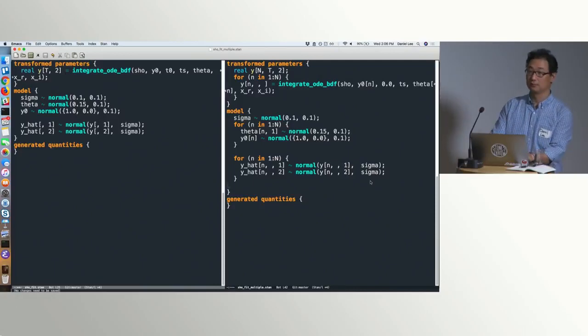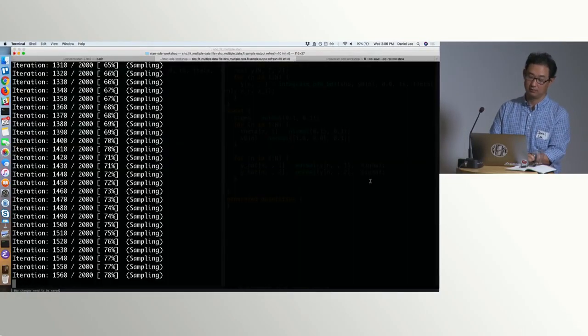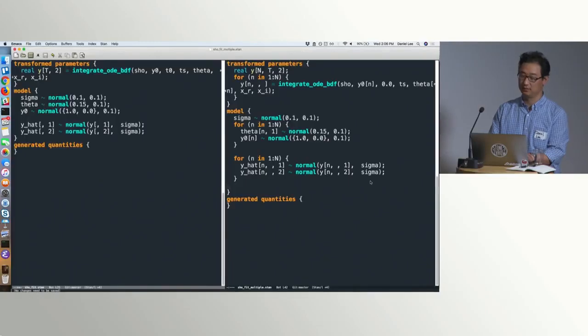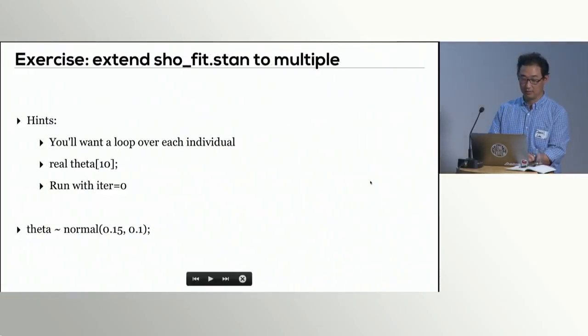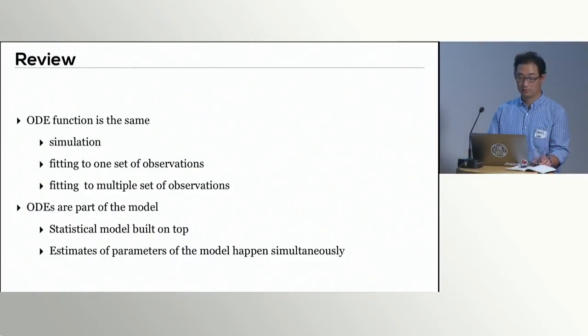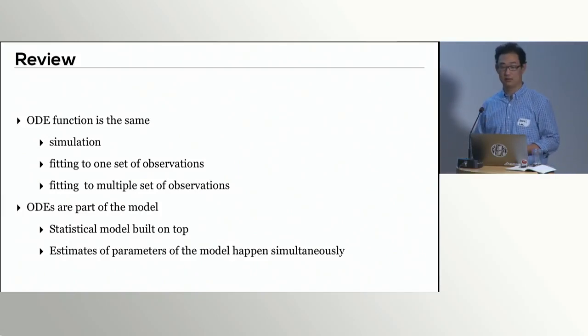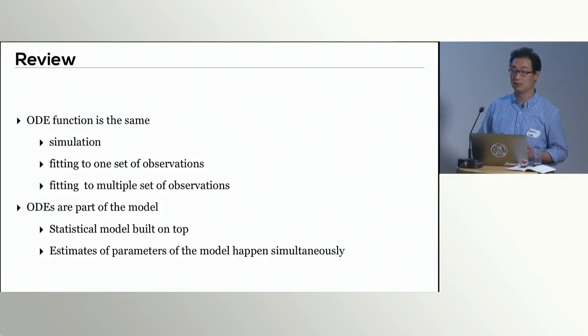Okay, so it's still going, but it's fitting. And we'll take a look at that in a second. Just a quick review, the ODE function is the same whether we did simulation, fitting to one set of observations, or fitting to multiple sets of observations. You write it once and that's it, no problem. ODEs are just part of the model, right?